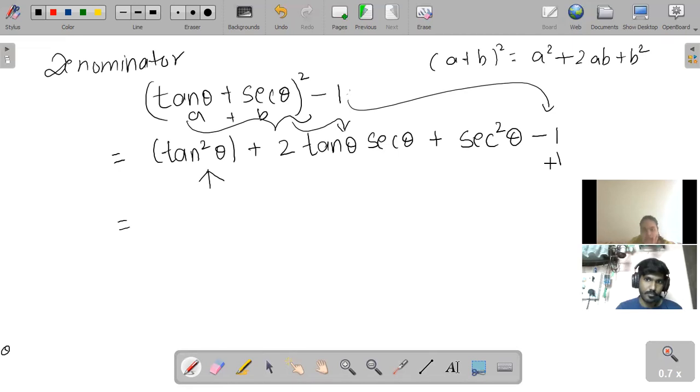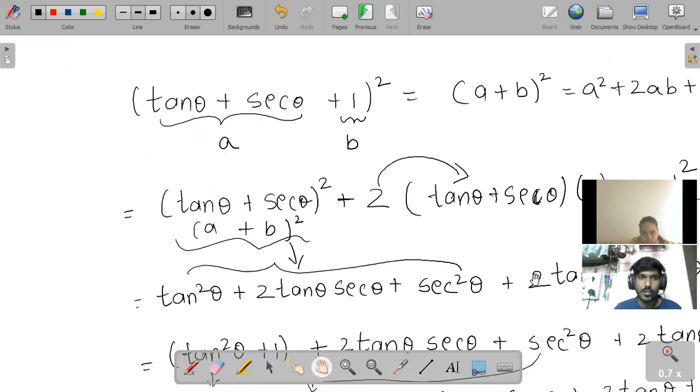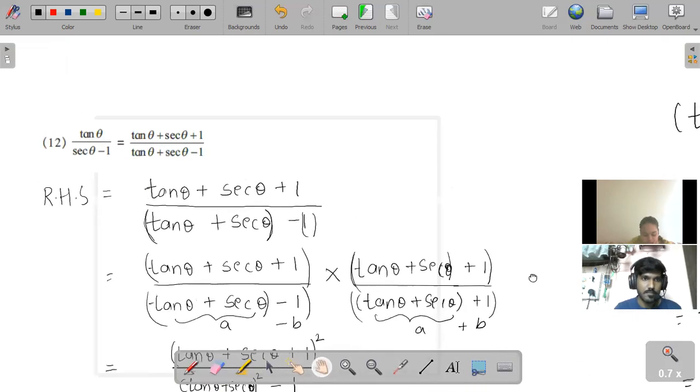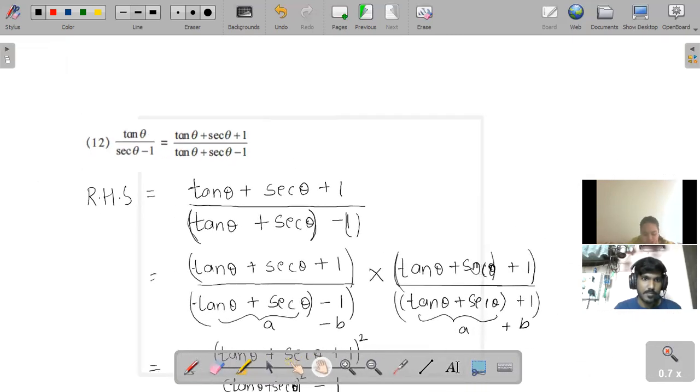I just have one doubt. In the sum, we couldn't have cross multiplied in the first place? Cross multiplied what? Tan theta into tan theta plus sec theta minus 1, and sec theta minus 1 into tan theta plus sec theta plus 1.